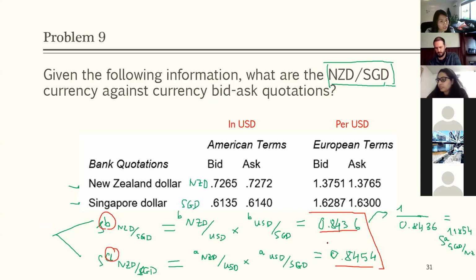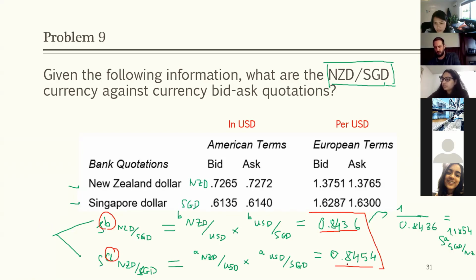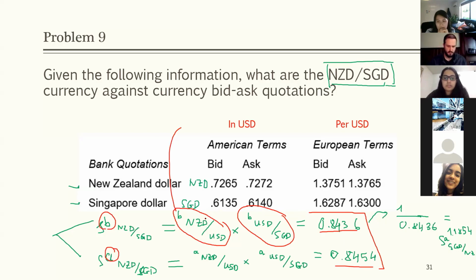And they tend to be, yes, did someone say something? Sorry to interrupt you. Could you just let me know the exact digits which come under the NZD by USD? I just want to confirm if I wrote it correctly, because I went somewhere wrong. Okay, sure.